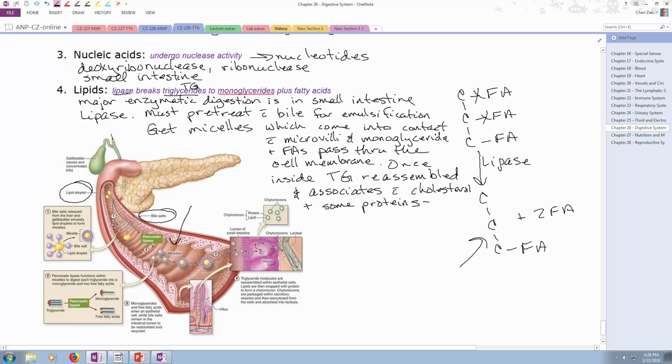And when it does this, it creates what's called a chylomicron.